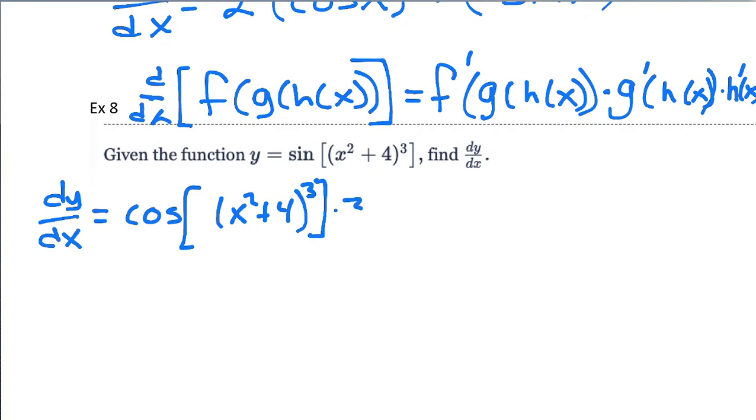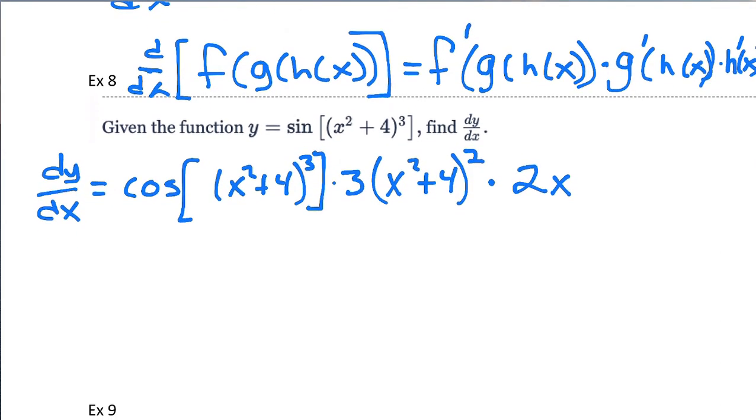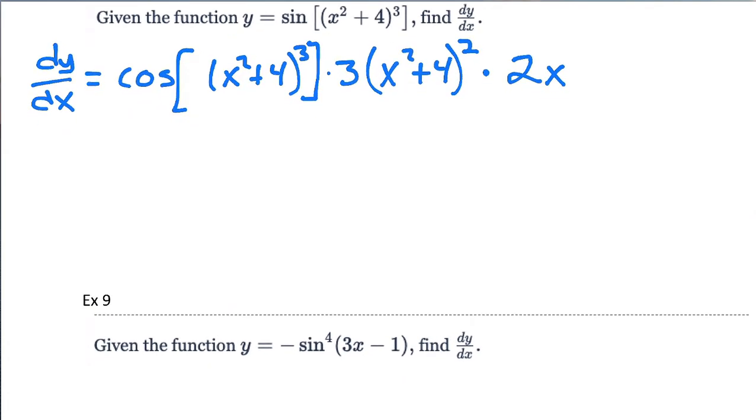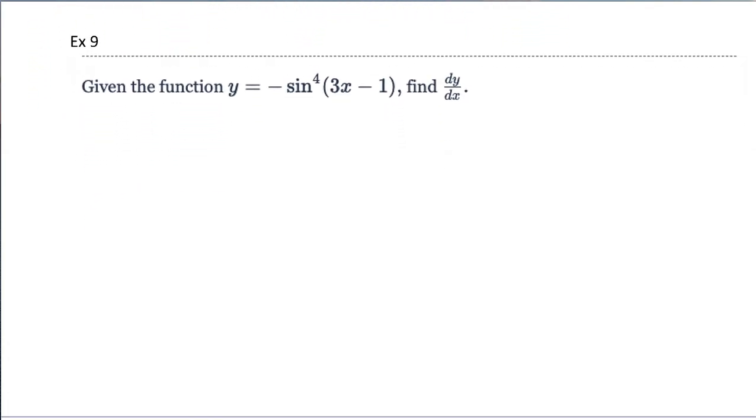So we bring that power down. We've got x squared plus 4 to the second. Then we have to differentiate the x squared plus 4, which is just 2x. Okay, so that's number 8. Pause that for a second, replay that one if you need to.